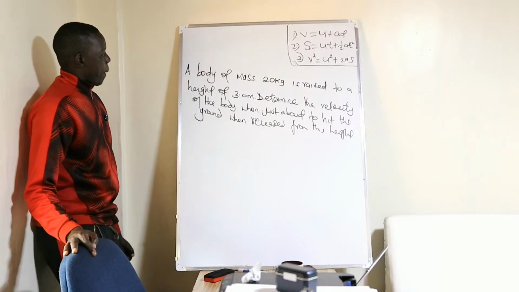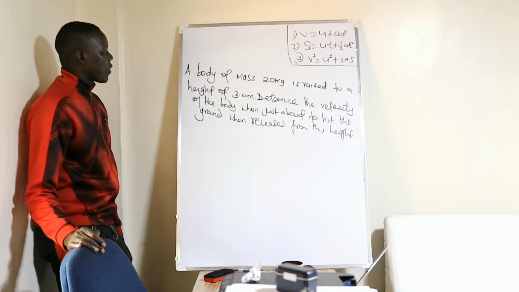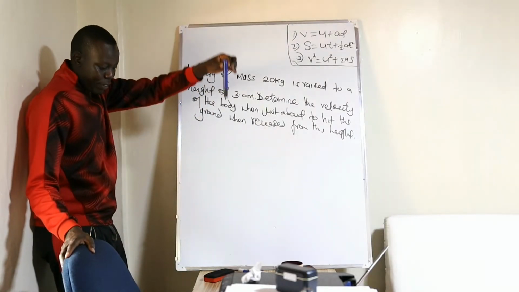A body of mass 20 kilograms is raised to a height of 3 meters. Determine the velocity of the body when just about to hit the ground when released from this particular height. Like you release it to go down.